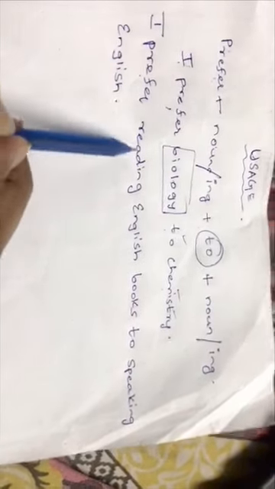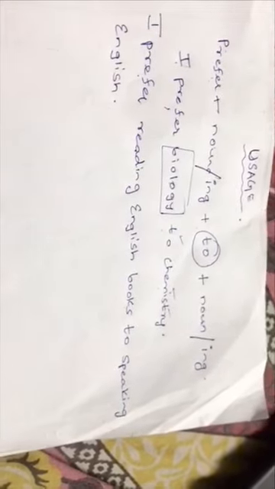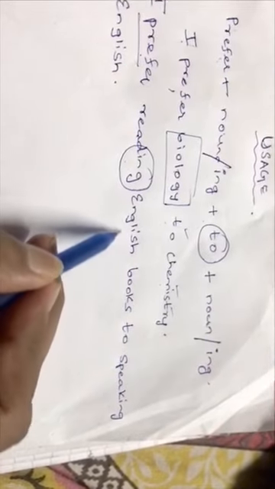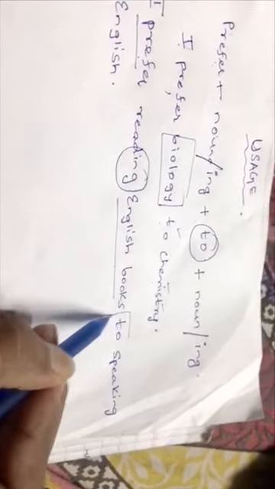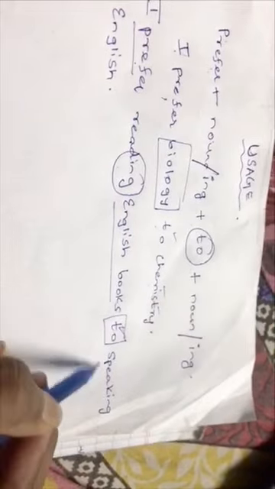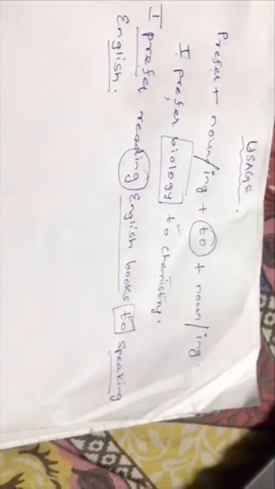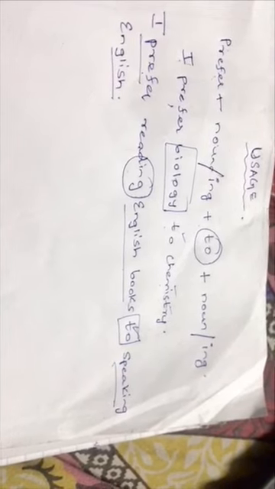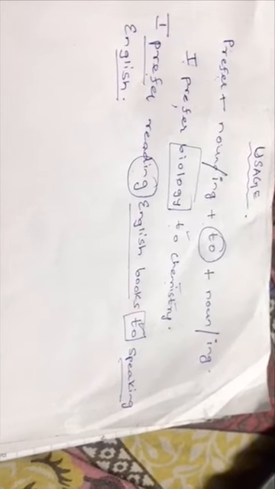Now see, what does this sentence say? I prefer reading English books to speaking English. Check out with the formula. Prefer, we have an ing, correct? Reading English books, to, our keyword, speaking English. This is how the formula structure is set for prefer. The basic of the formulas.